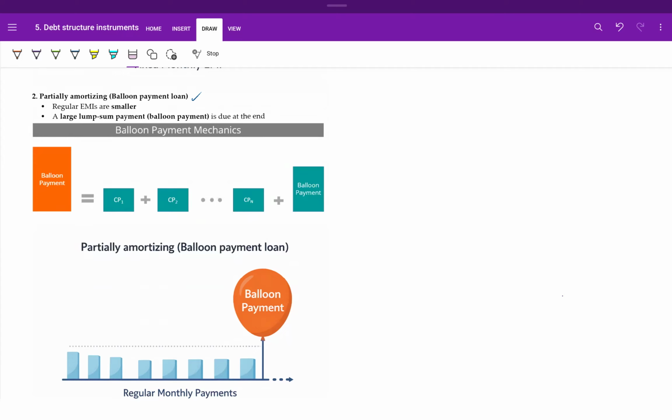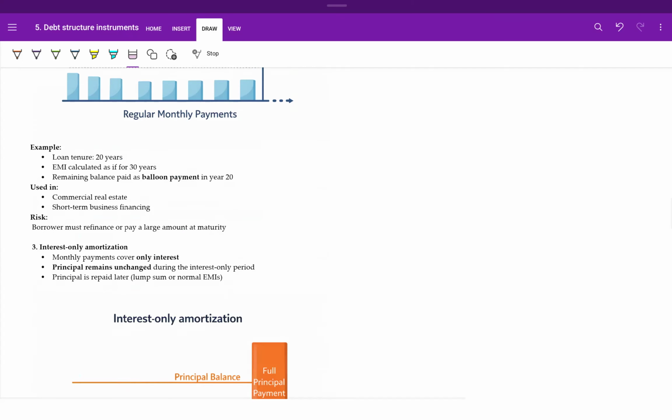So the third type of amortization is interest-only amortization. In commercial real estate and short-term business financing, the borrower must pay at the end of the maturity, and that's what creates the risk for the lender.